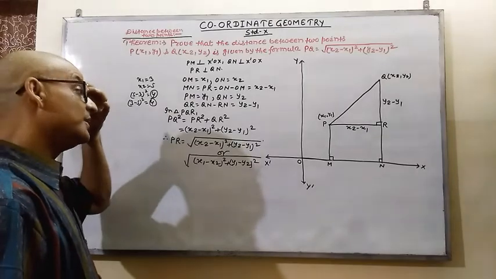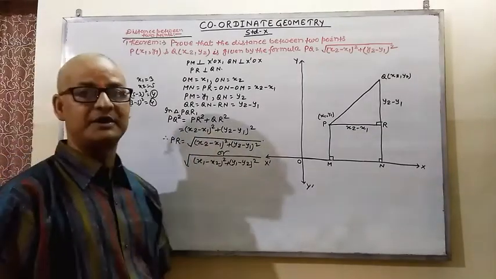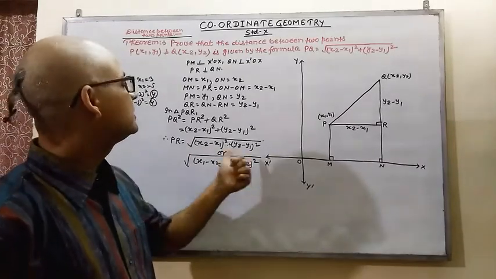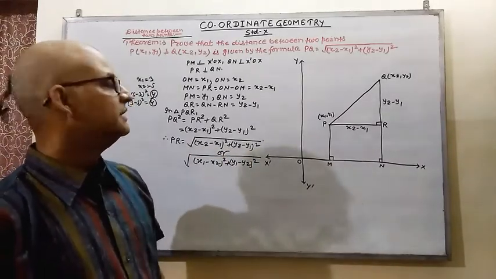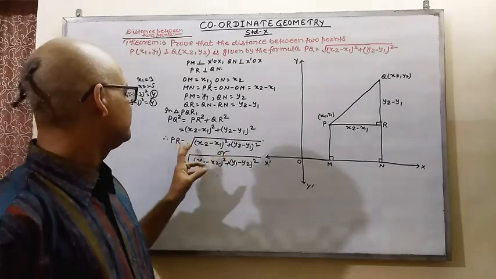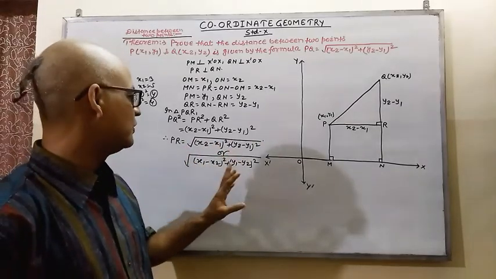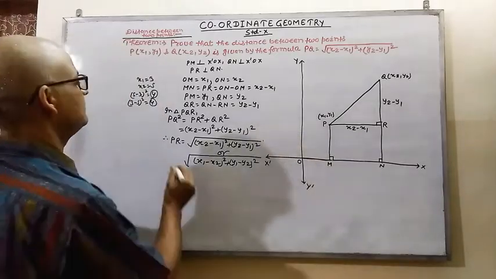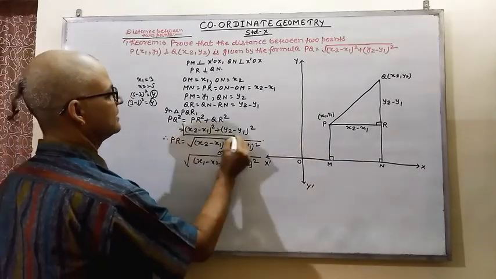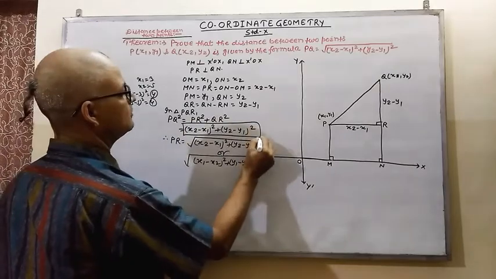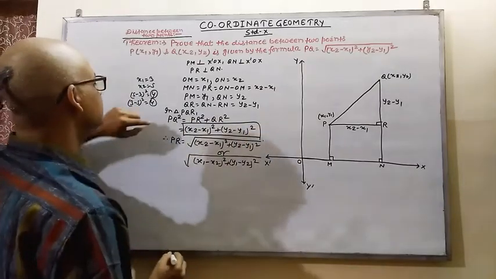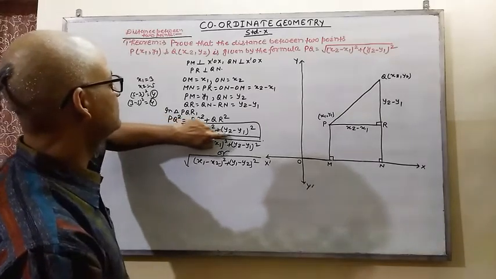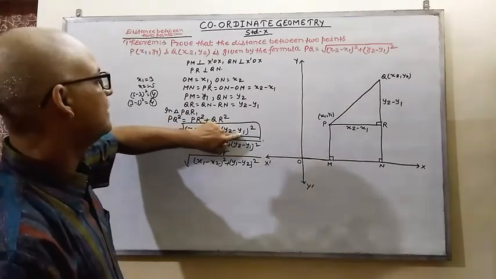Second thing, when we are using the distance formula, it is not necessary to find the square root everywhere. It depends on the situation whether this square root is required or not. Maximum questions can be solved in the form of the square, that is PQ square is equal to (x2 minus x1) whole square plus (y2 minus y1) whole square.